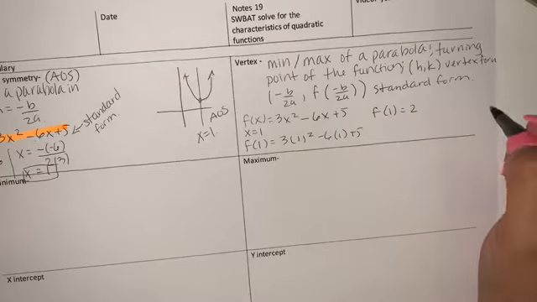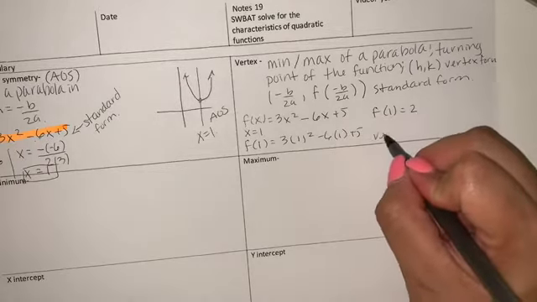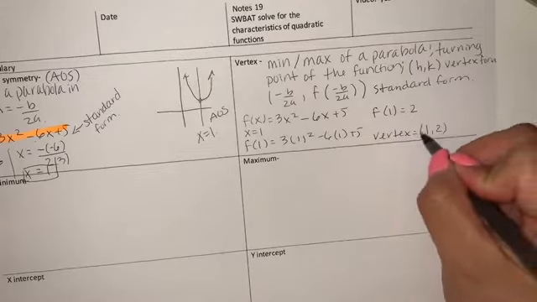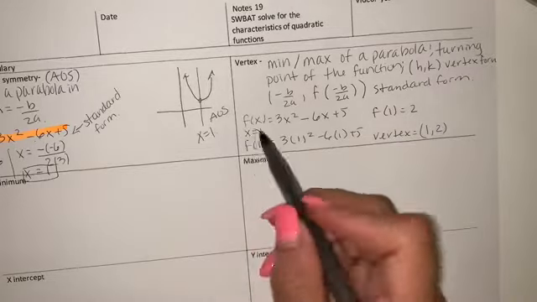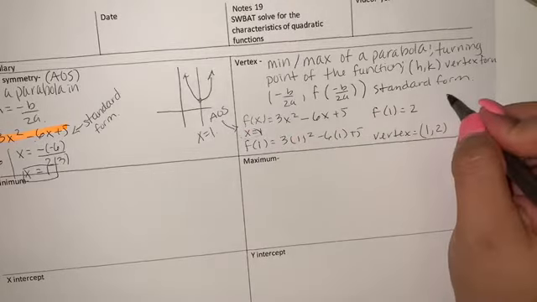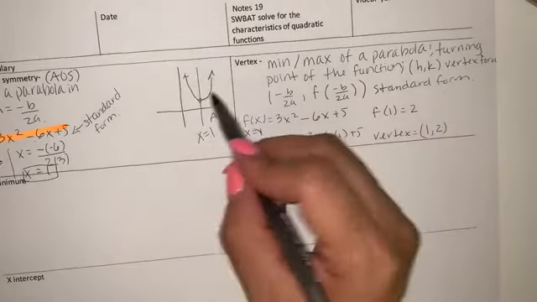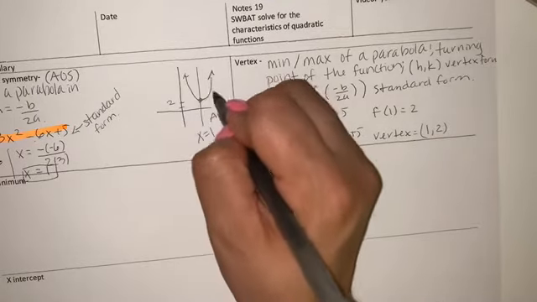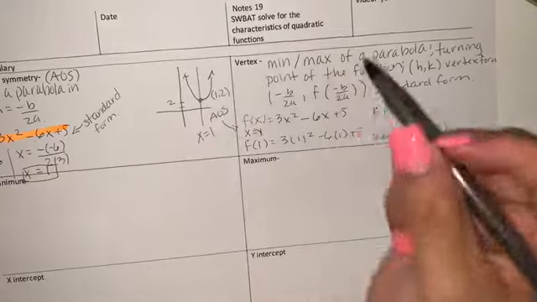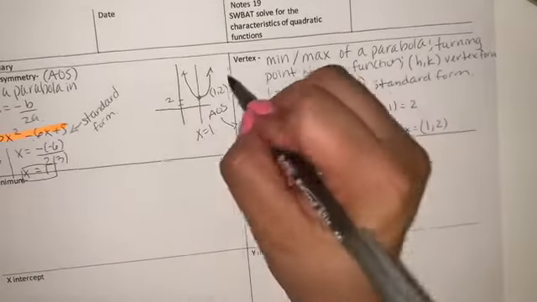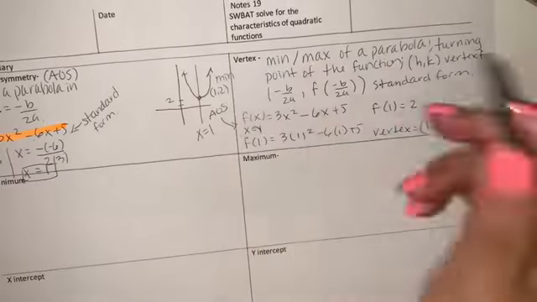So now I can say that my vertex is going to be 1 comma 2, and I'm getting the x from the axis of symmetry. So if I again graph that, it's graphed right here, this point would be 2. So now I can say I have a 1 comma 2. And because the vertex is the lowest point, it's also a minimum.